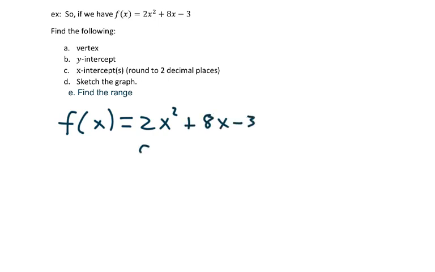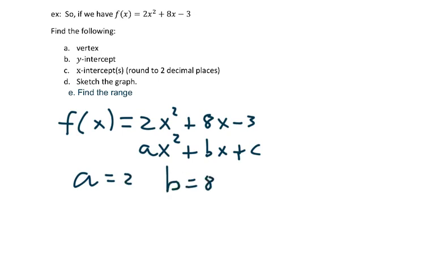If you remember, normally the general form looks something like this. So in this case, just by comparing, we have a is 2, b is 8, and c is minus 3. Remember, you want to make sure you include the negative sign, okay?